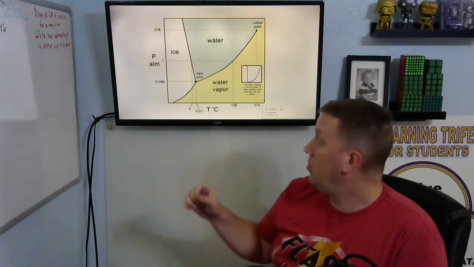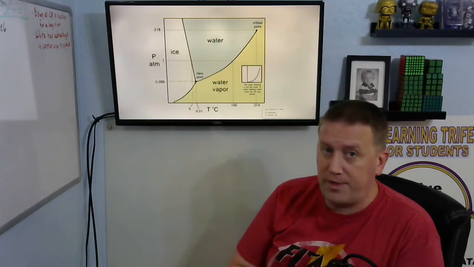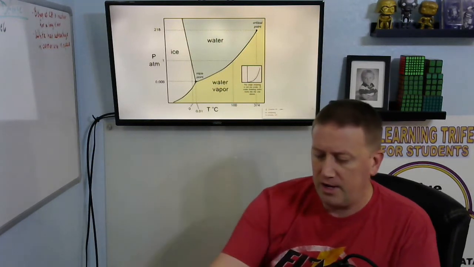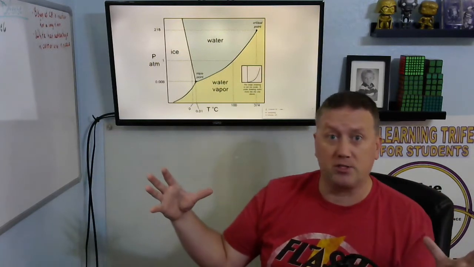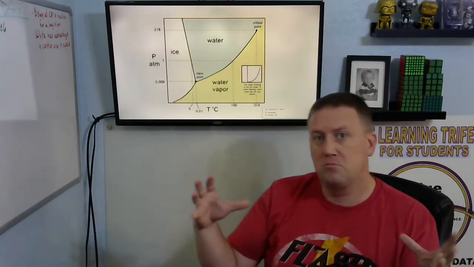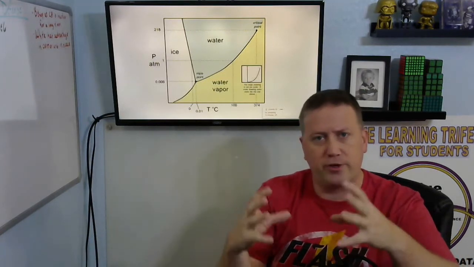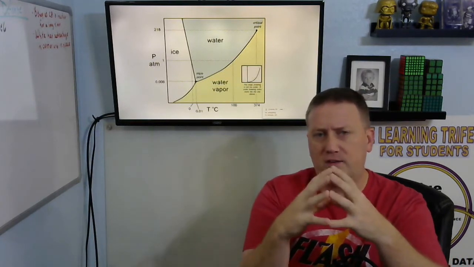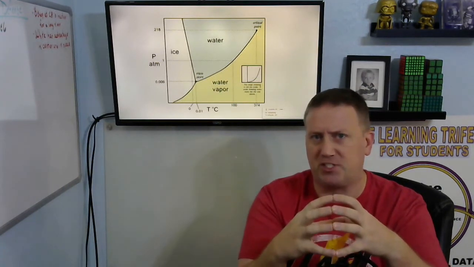And so, as we increase pressure, think about those molecules. In a gas, the molecules are spread out. Liquid, they're still flowing. It's a fluid. And so there's space. And then solid, they're arranged and compacted into a specific structure.